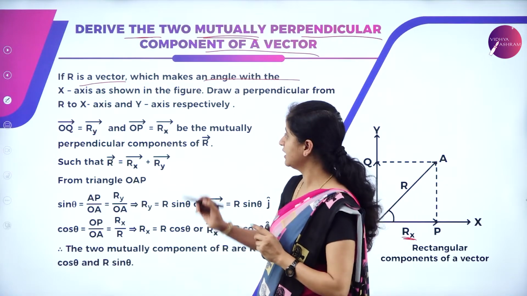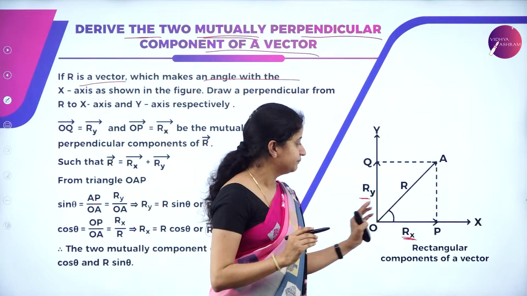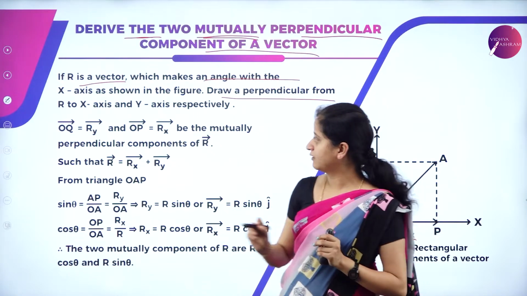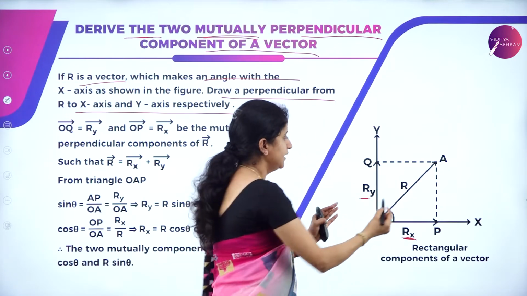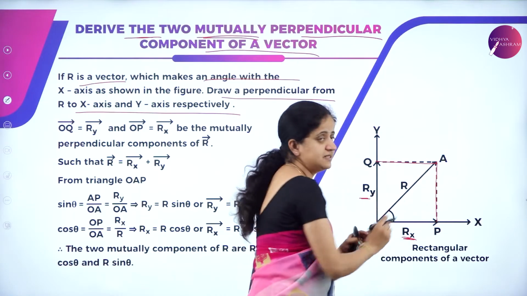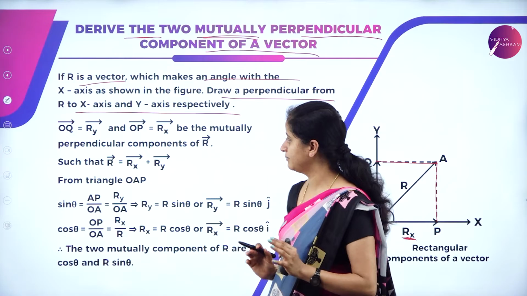As shown in the figure, if R is a vector which makes an angle with the x-axis, draw a perpendicular from R to the x-axis and y-axis respectively. I think the diagram is very clear to everybody.